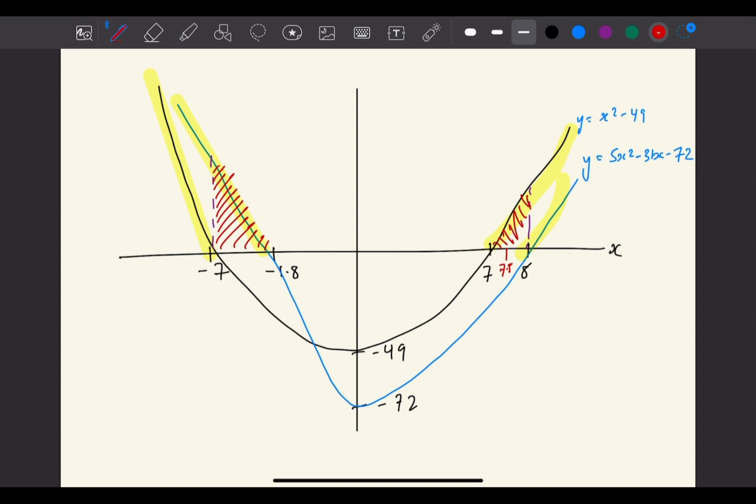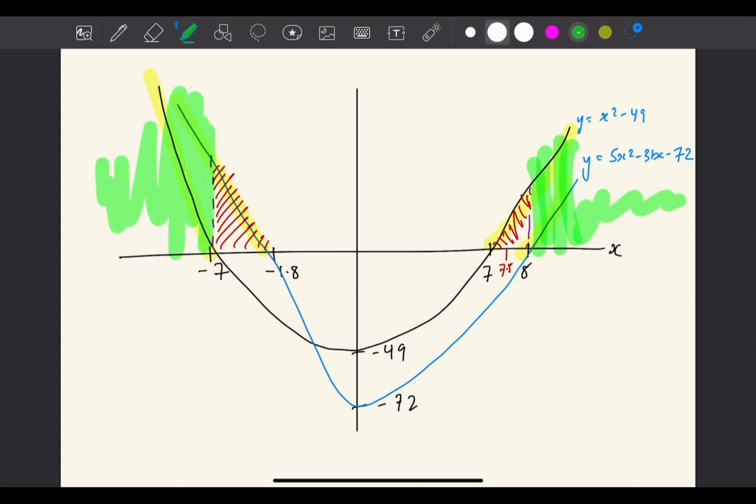So basically, the only values of x that work are these values of x, everything onwards, and these values of x, everything onwards. So, I hope that makes sense. All of these values of x and all of these values of x satisfy both of these equations being greater than 0 at the same time.